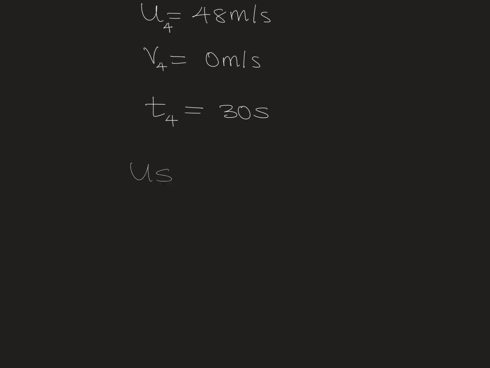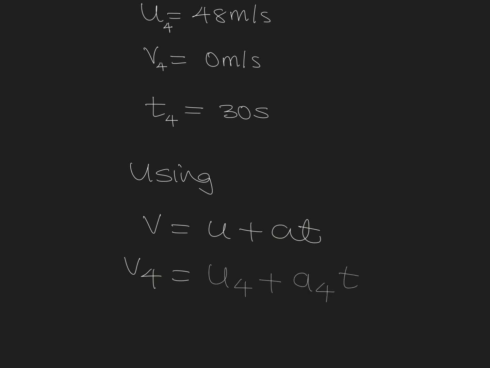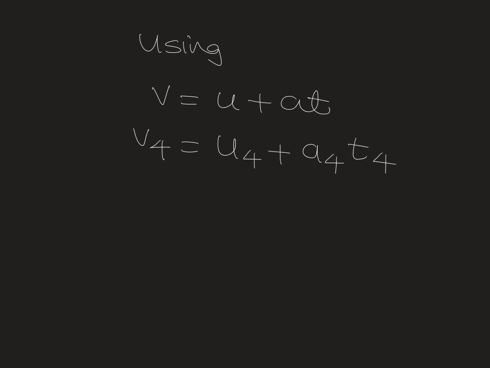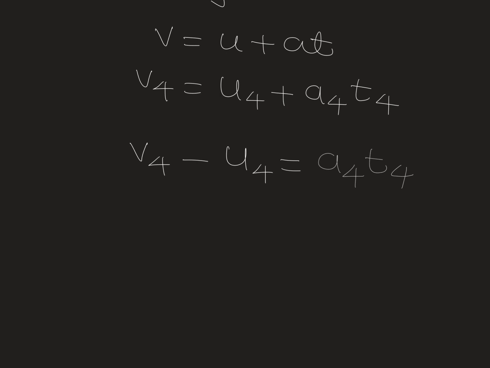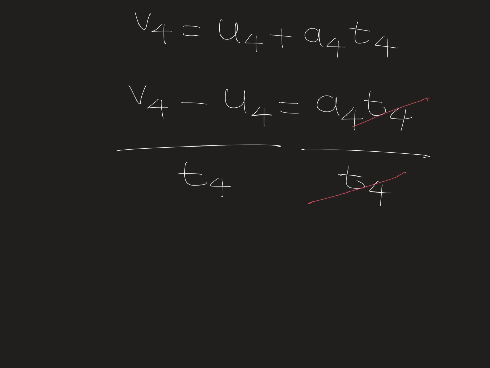Now using V is equal to U plus AT, we can say V4 is equal to U4 plus A4 multiplied by T4. We can say V4 minus U4 is equal to A4 T4. To make A4 the subject of the formula, we divide both sides by T4. That is, this will cancel this.